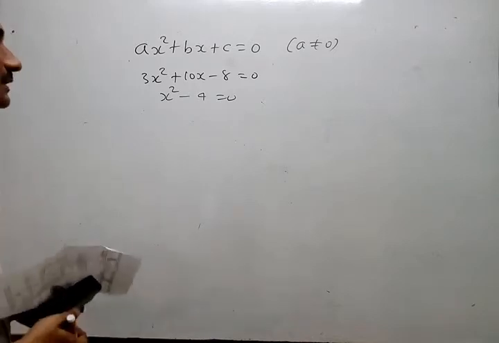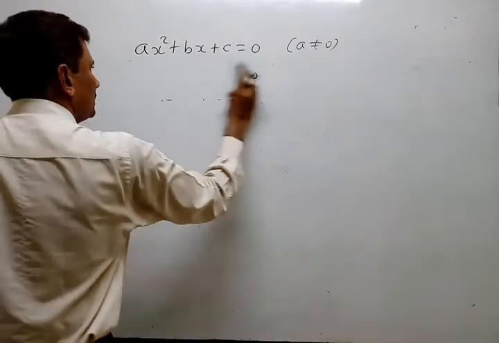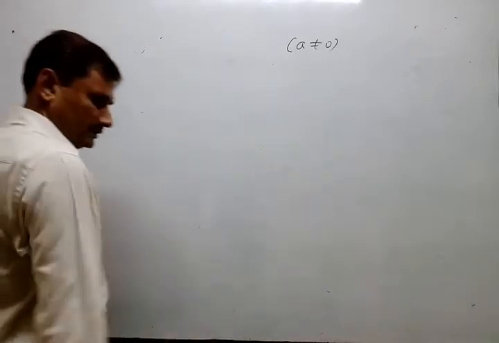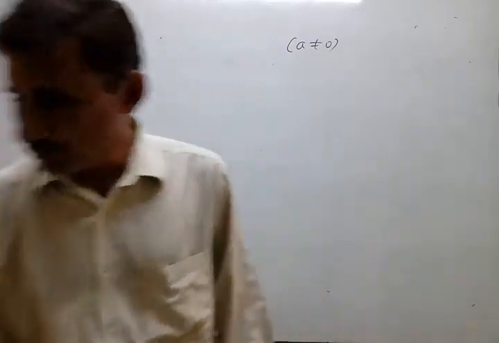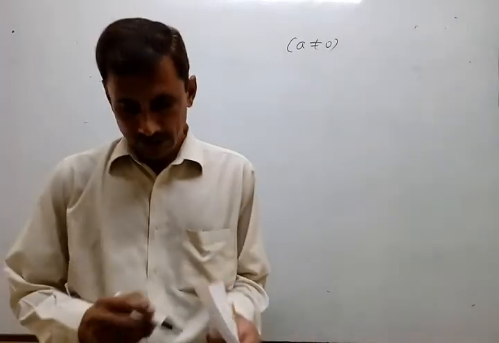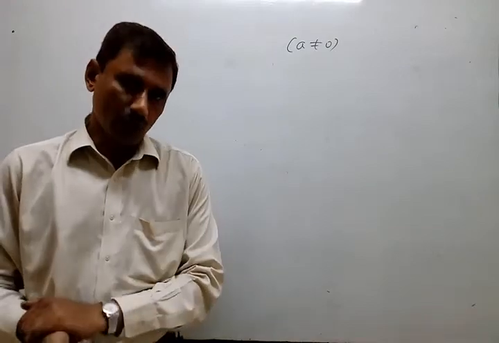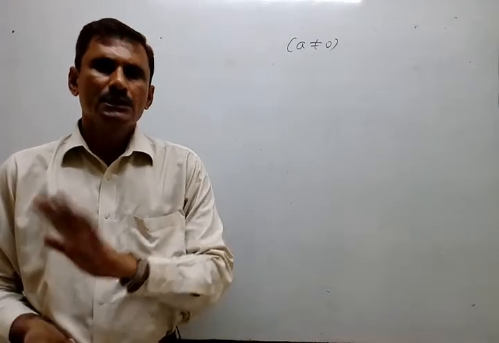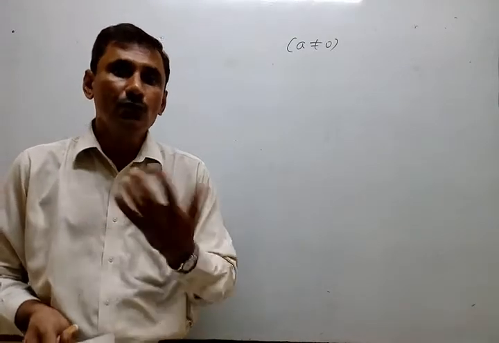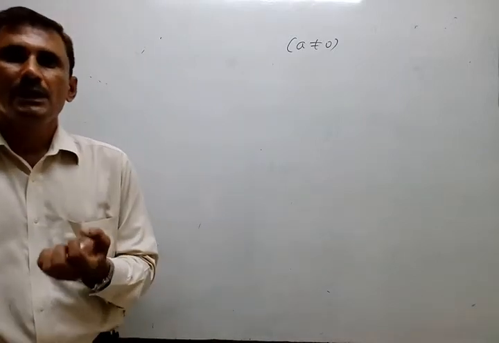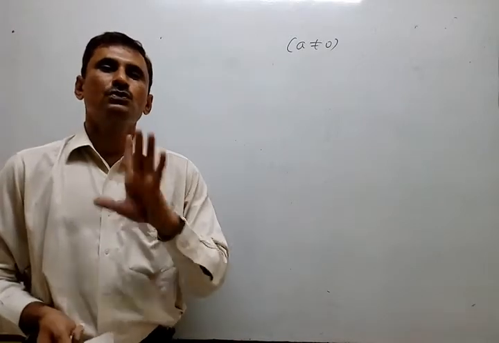You understand? Now, in exercise 4.1, look at exercise 4.1, question number 1. They are asking you whether given are quadratic equation or not. So what do you verify? How to verify? What do you notice? Degree of equation is 2 or not.